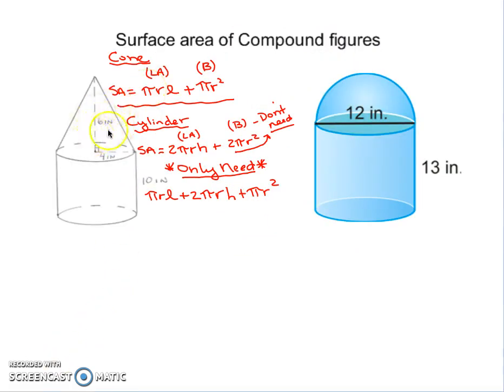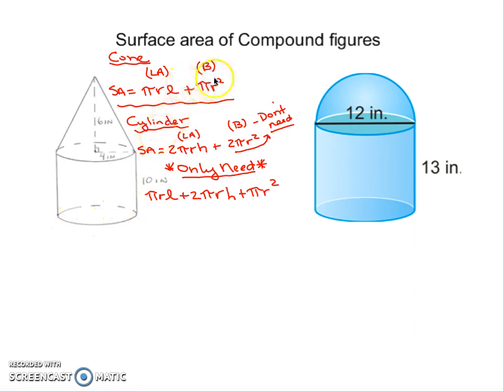In this next example, we have a combination of a cone and a cylinder. So what I did here was write the formulas for each. Here's the surface area of a cone, and this is what we're already familiar with. And here's our surface area formula for the cylinder. But because we're trying to find the surface area, which includes only one base, we only really need this base down here.